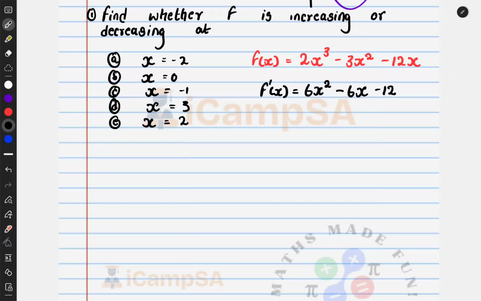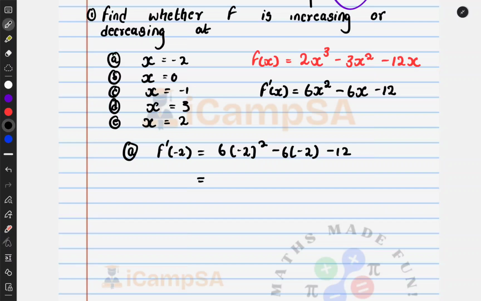So for A, we have to substitute x is equal to -2. So f prime at -2 is equal to 6 times -2 squared minus 6 times -2 minus 12. This will be equal to 4 times 6, which is 24.